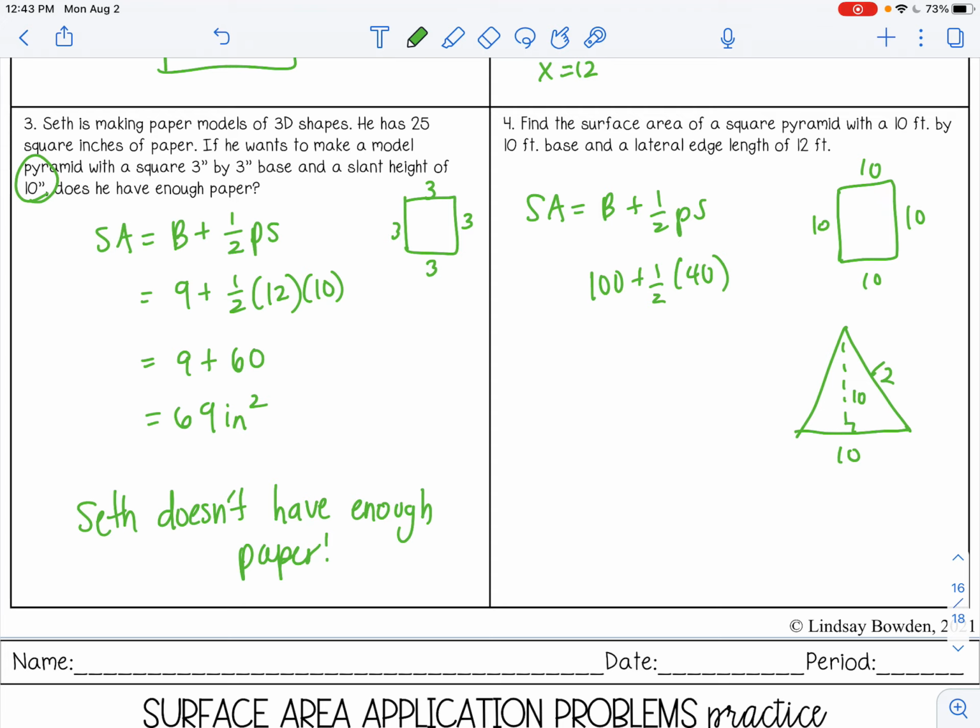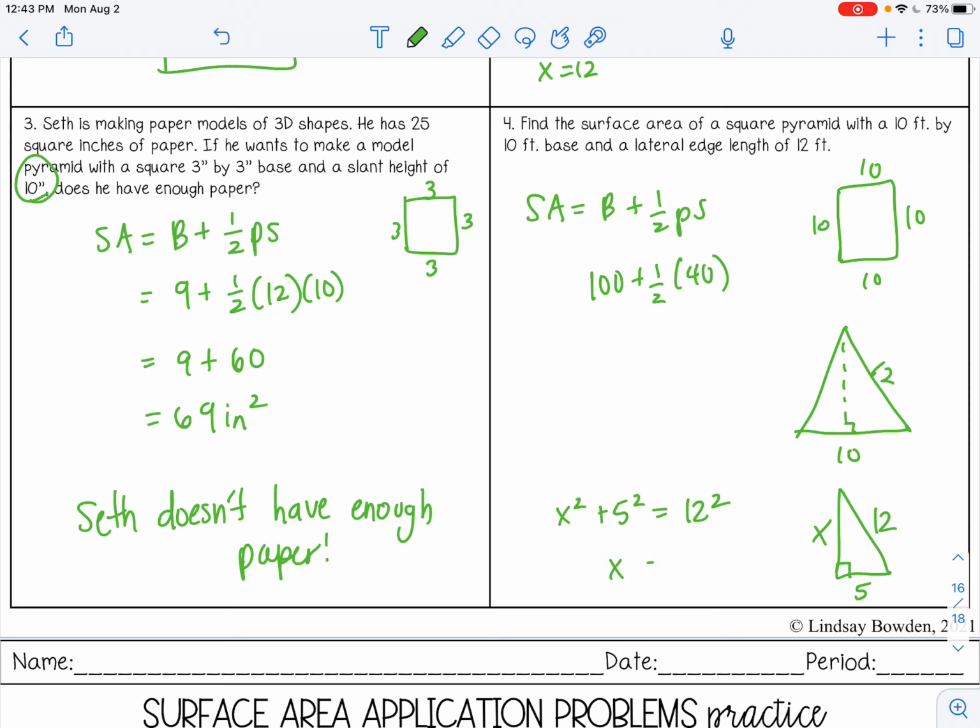So what we need to do is find the actual slant height of this pyramid. We know the bottom is 10, but we don't know the slant height. So I'm just going to use the Pythagorean theorem. All right, so x squared plus 5 squared equals 12 squared.